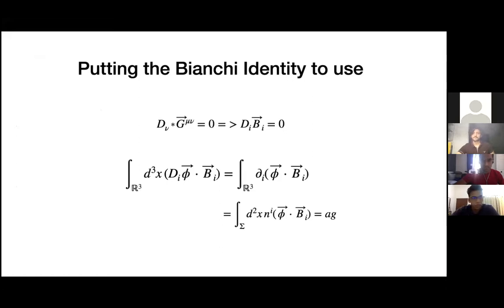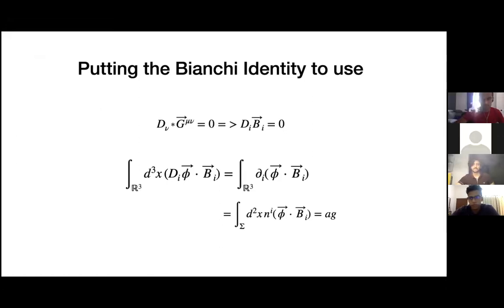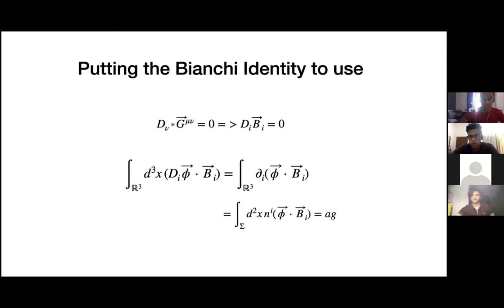So the divergence of star D is 0, which means the covariant divergence of B is 0, which furthermore, when you take it through here, gives you a vanishing contribution. The extra one is vanishing, you'll just get the total divergence, and you'll get basically the integration of phi dot B, which is nothing but the surface integral of the electromagnetic B, which is the magnetic flux.